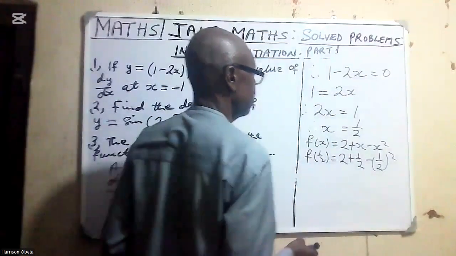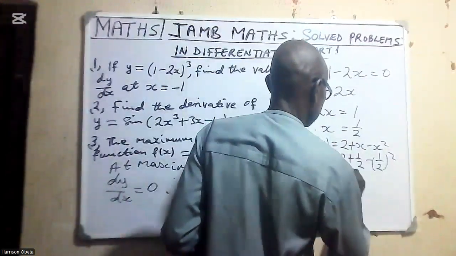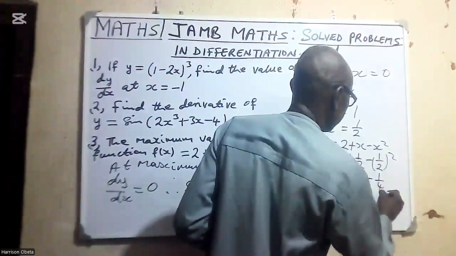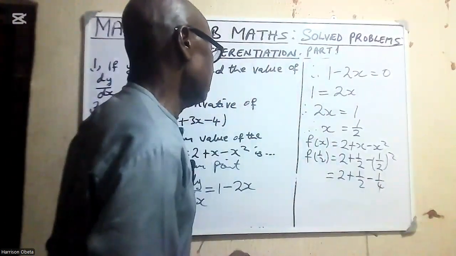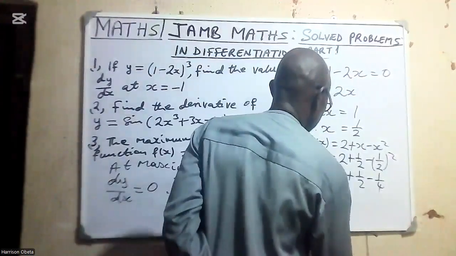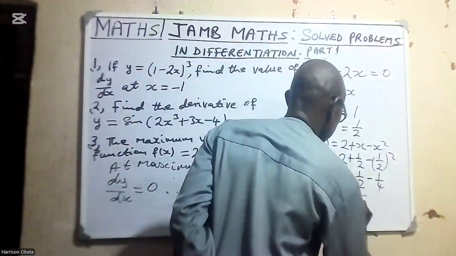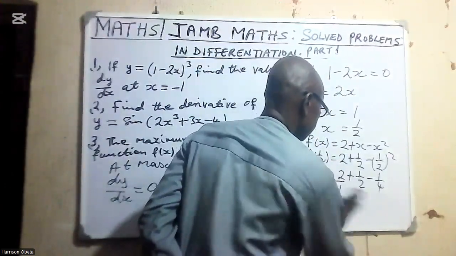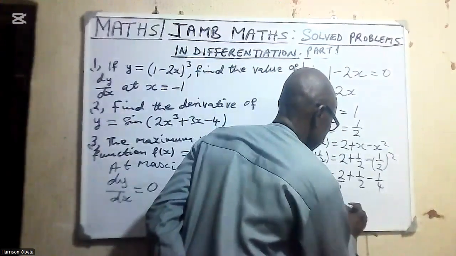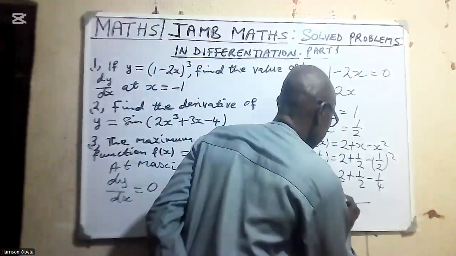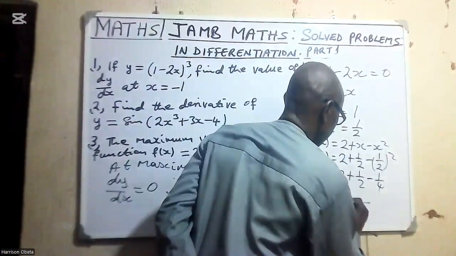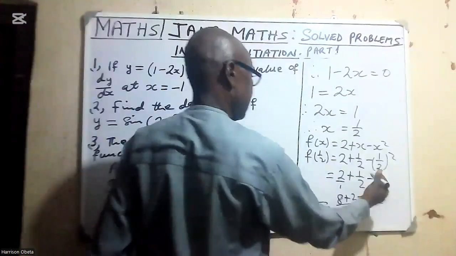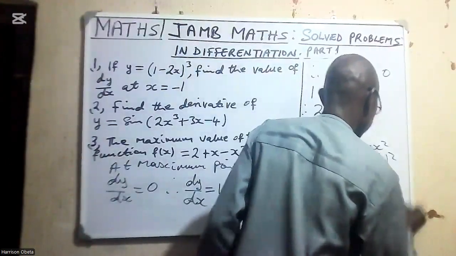We simplify, and that will give us 2 plus 1 over 2 minus 1 over 4. Multiply everything by the LCM, our LCM is 4. That is, this is over 1. That is, this is 8 plus 2, then minus 1. And that will give us 10 minus 1, which is 9 over 4.